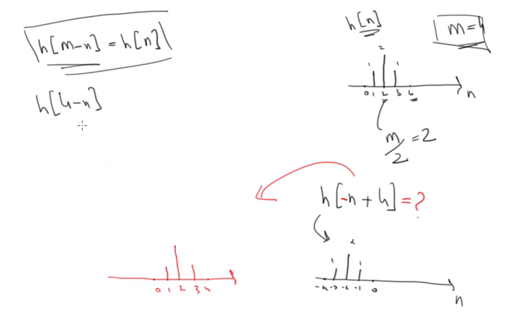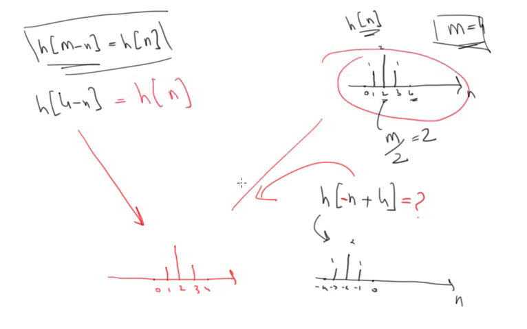This is h of 4 minus n, which is equal to h of n. Both these waveforms are the same. So this impulse response is symmetric around time index 2. We will see these symmetry properties throughout the lecture today.